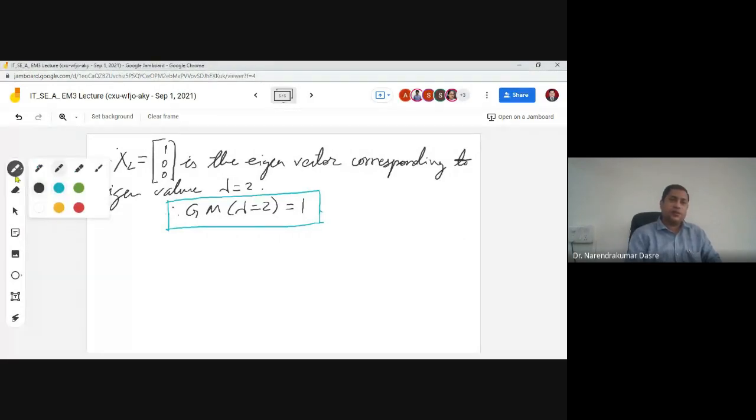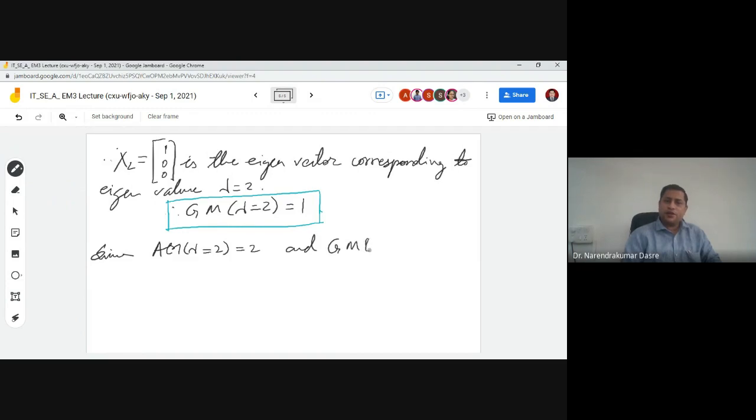Since the algebraic multiplicity of lambda equal to 2 is 2 and the geometric multiplicity of lambda is equal to 2 is 1, hence the given matrix is not diagonalizable.